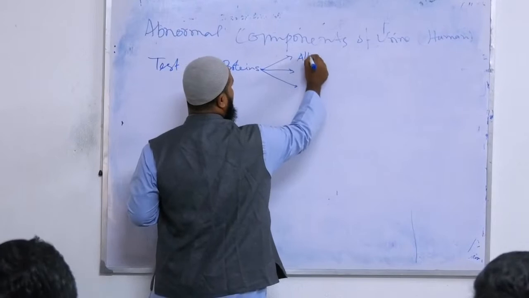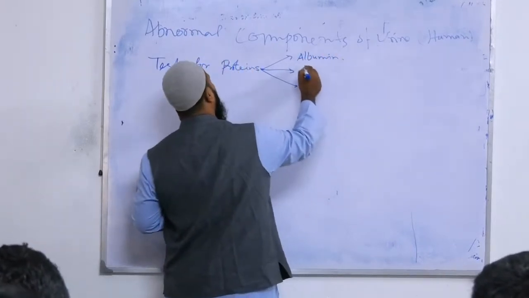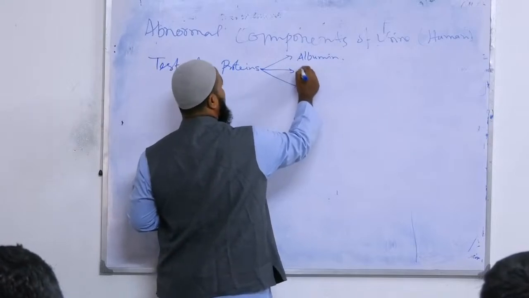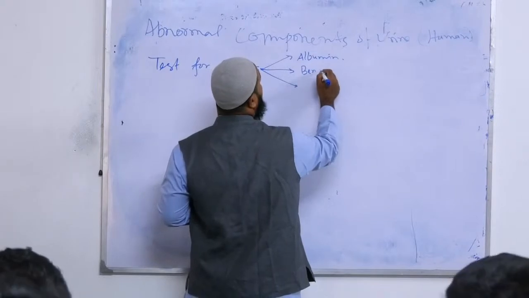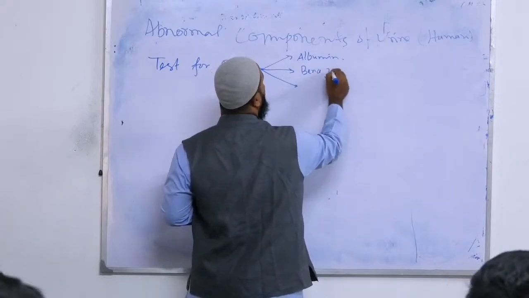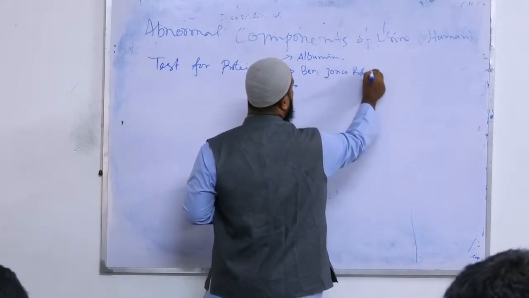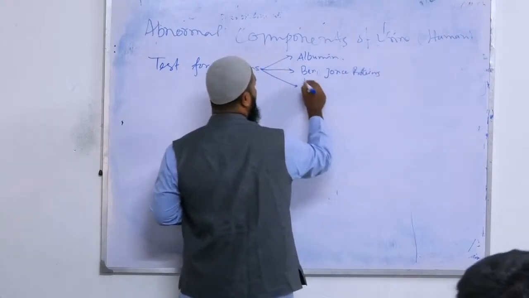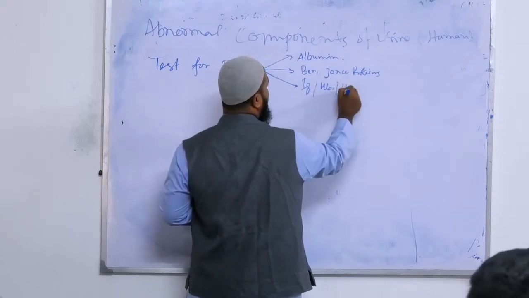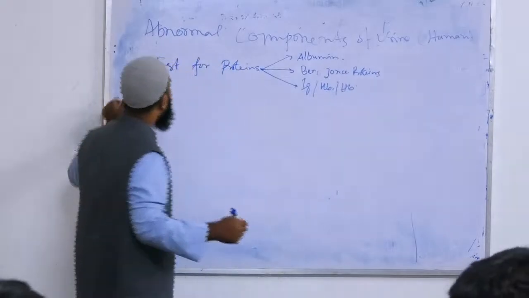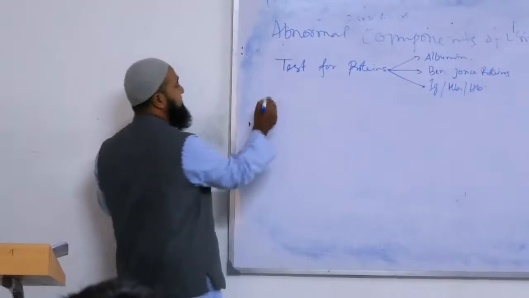Albumin, maybe Bence Jones protein, immunoglobulin maybe, or myoglobin or hemoglobin, all are protein present in urine.